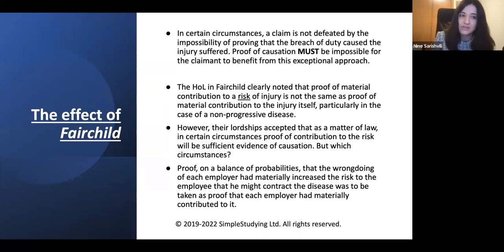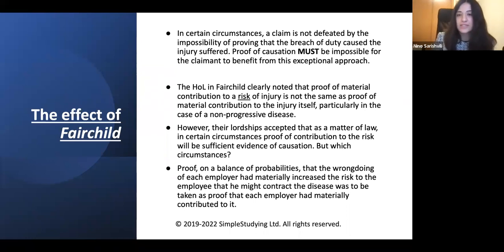In this case, it was cancer. Just the risk. So because here the employers did something that increased the risk of cancer, they were liable. They did not have to prove that what the employers did actually contributed to the cause of cancer, just the risk, which makes the test easier to satisfy on the balance of probabilities.